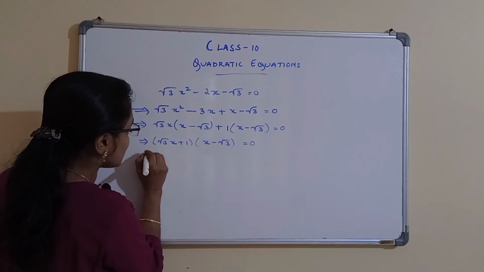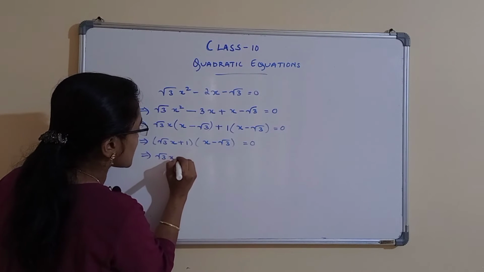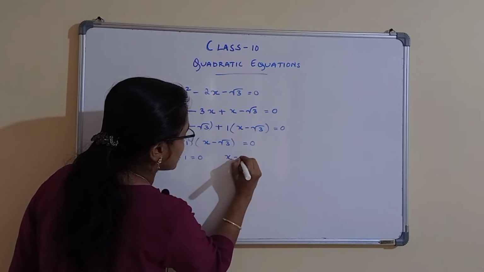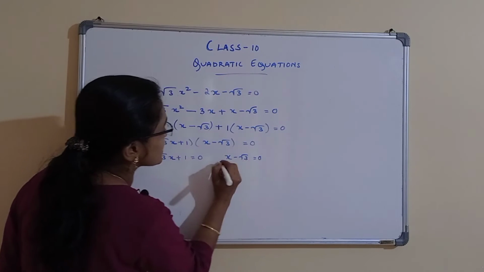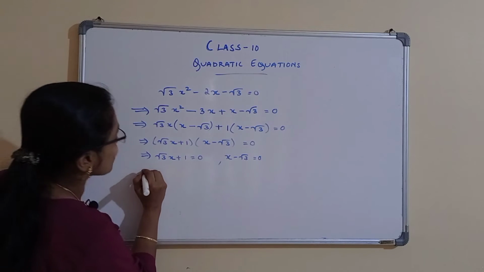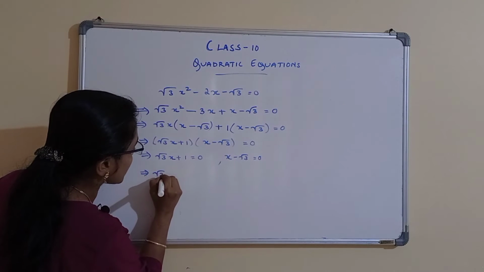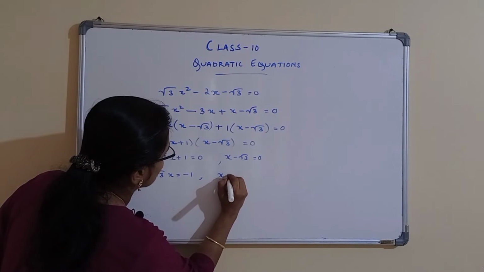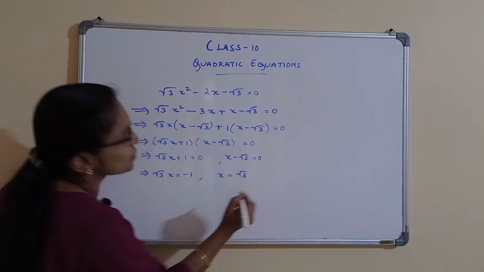Right? So this implies root 3x plus 1 is equal to 0 and x minus root 3 is equal to 0. Okay, so this implies root 3x is equal to minus 1 and x is equal to root 3.